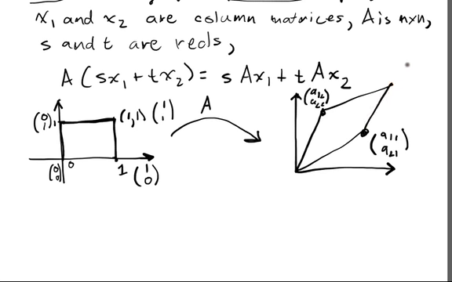And this guy is going to go to A 1 1 plus A 1 2, A 2 1 plus A 2 2. So the unit square, which is of area 1, gets mapped to this parallelogram, which is of area equal to the determinant of my matrix.